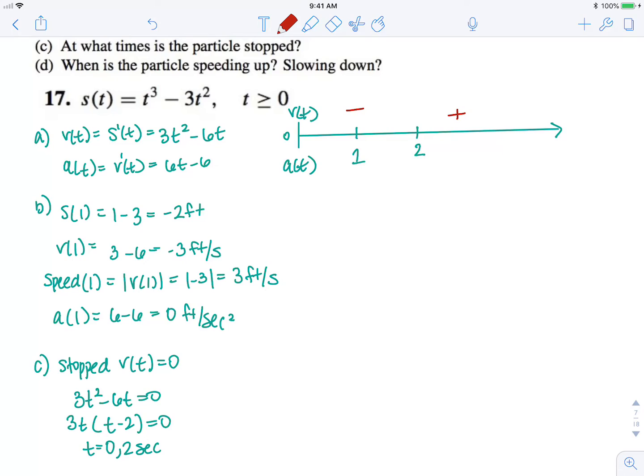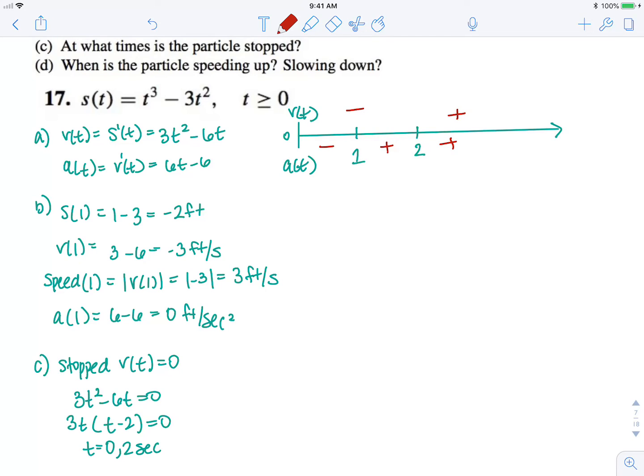So now if I plug in a number less than 1 into acceleration, let's say 1/2, I'll get a negative number. If I plug in a number between 1 and 2, let's say 3/2, I get a positive number. And if I plug in a number greater than 2, let's say 3, I get a positive number.